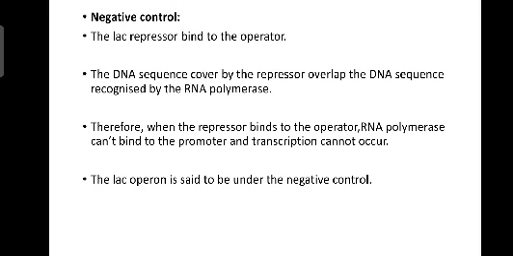Now the negative control. The lac repressor binds to the operator. The DNA sequence covered by the repressor overlaps the DNA sequence recognized by the RNA polymerase. Therefore, when the repressor binds to the operator, the RNA polymerase can't bind to the promoter and transcription cannot occur. The lac operon is said to be under negative control.